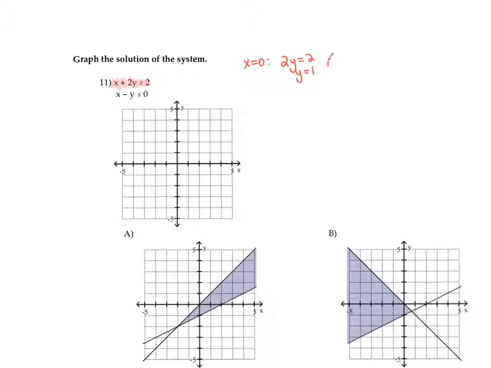So y equals 1 tells me 0, 1 is one of the points on my red graph. I'm going to repeat this process with y equals 0, and that's going to tell me that x equals 2. So I have the point 2, 0 for my red graph. So I have 0, 1, I have 2, 0, and because it was a greater than or equal to, I'm going to be able to connect these with a solid line.